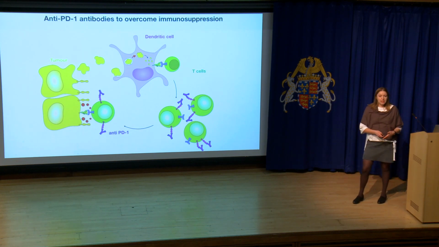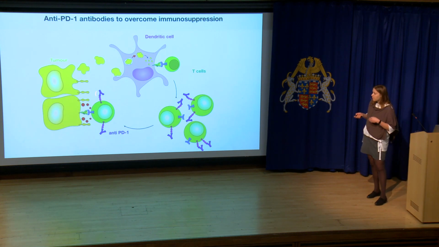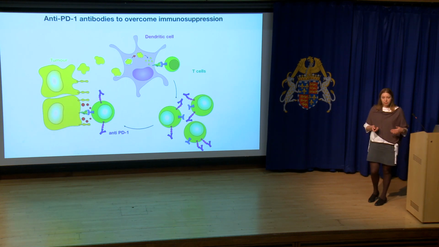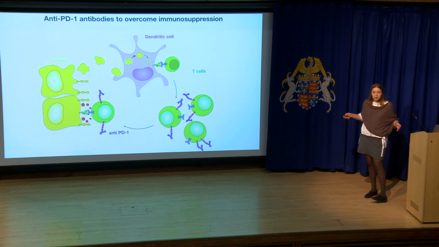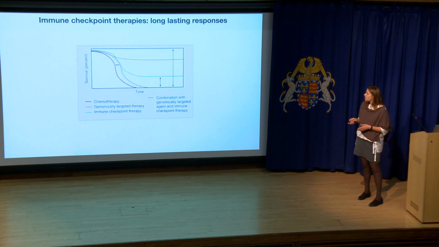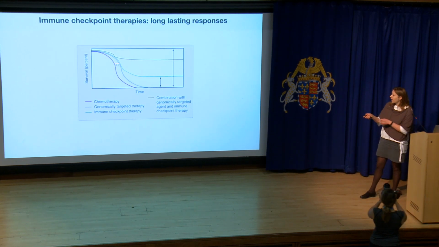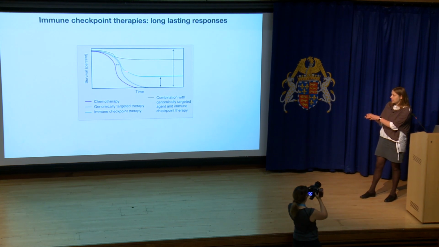Recently, there has been great success of immunotherapies. And what these immunotherapies are doing is blocking these interactions. So anti-PD-1 antibodies prevent the interaction between PD-1 and PD-L1, and they now allow T cells to kill the cancer cells. As I mentioned, these immunotherapies have provided long-term remissions in many patients.